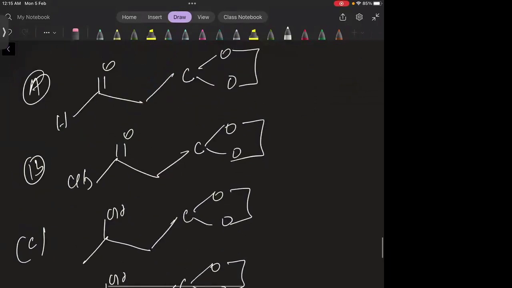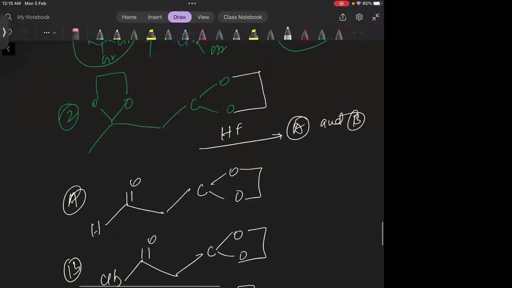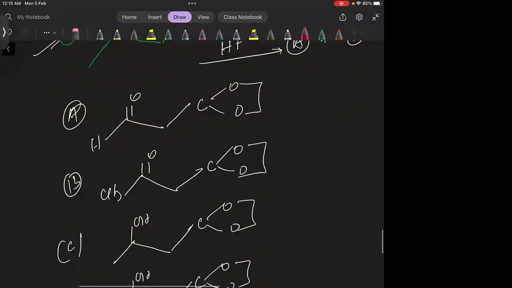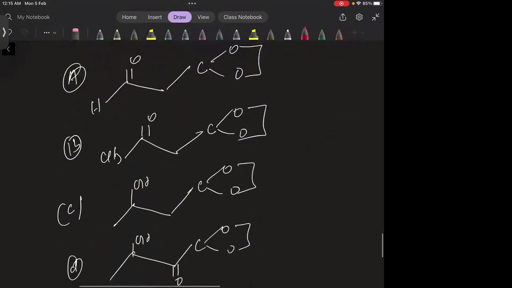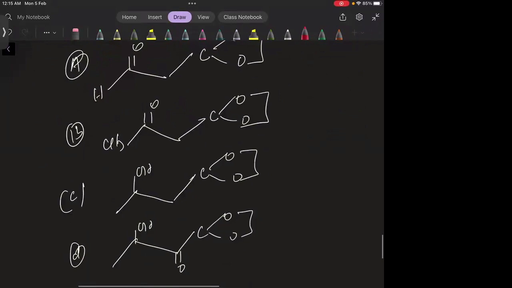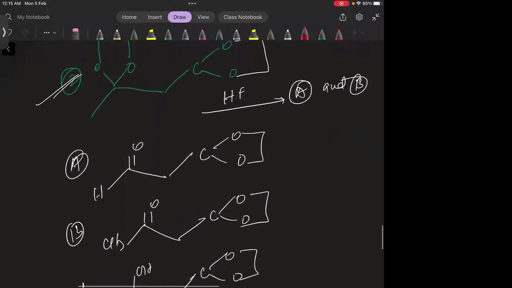What do you think? What option is correct? Just think about this question and tell me which option is correct. Put it on hold and try to solve the question.